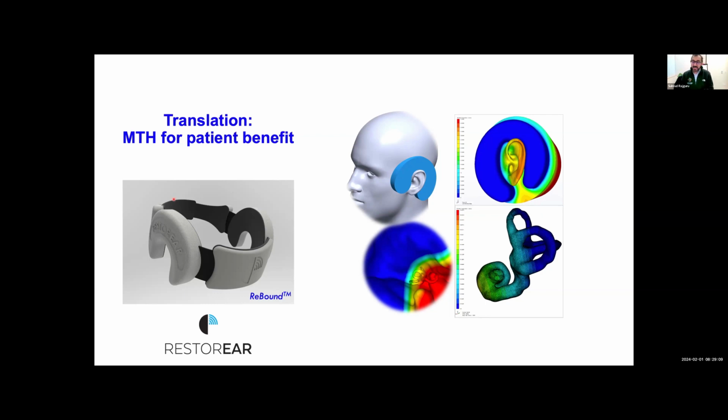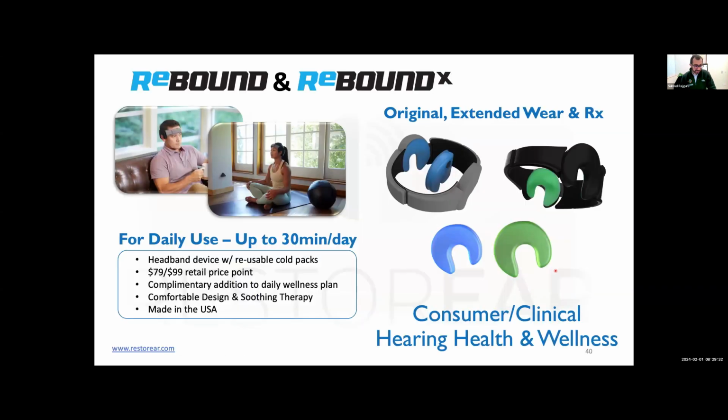We created headsets that have cooling gel pads that go on your mastoid, and through that deliver cooling to the cochlea. These are some numerical finite element models, using our devices in whole human heads. And you can see how within 20 minutes or so you can cool down the cochlea.